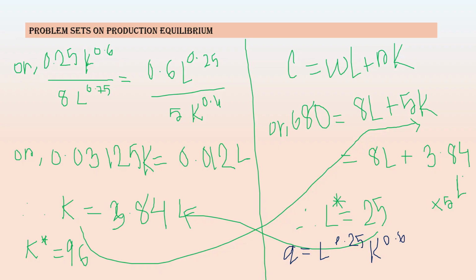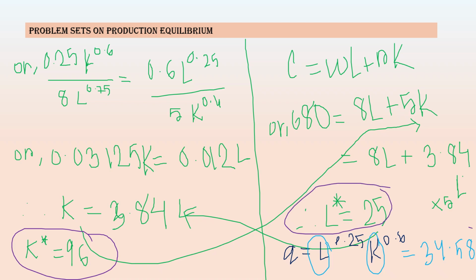So if we input the value of L star into L and K star into K, we'll get the value of Q, which will come to 34.58. So we found out K star, we found out L star, and we found out Q star.